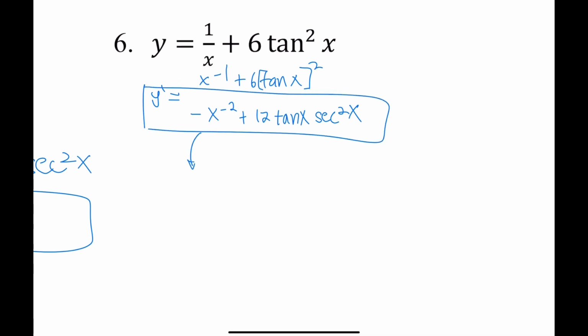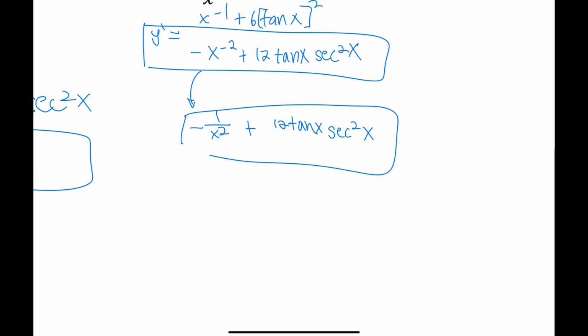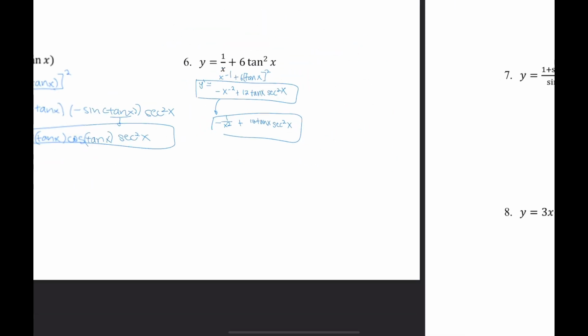And then if you don't like the negative exponent, we can change it to negative 1 over x squared plus 12 tangent x secant squared x. Yeah, we can't simplify this any further, right? So we'll just leave it like this.